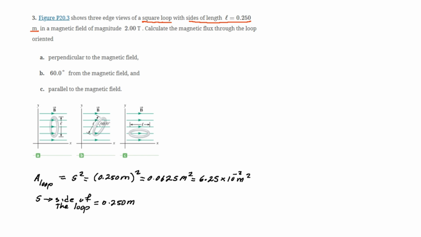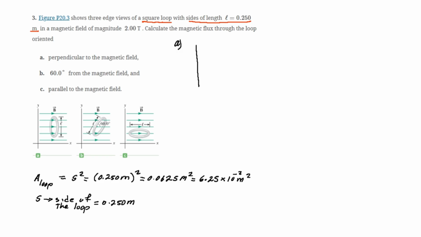Now, what they say in the first scenario. In the first scenario, they say that the loop is perpendicular to the magnetic field. So we have the loop here, and we have the magnetic field perpendicular to the loop.